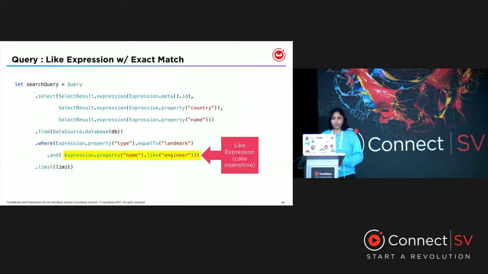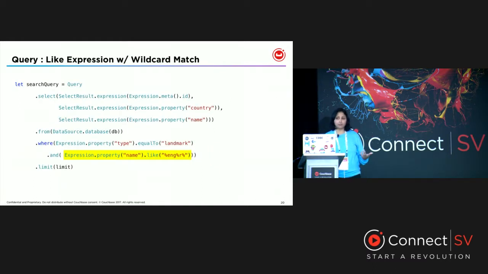So it's a like expression, and it's a case-insensitive match. It's going to match something like Royal Engineer Museum. You notice that engineer in the response has a capital E, which does not matter because it's case insensitive. But this is an exact match, so only if you find the word engineer in the name is it going to return the document.